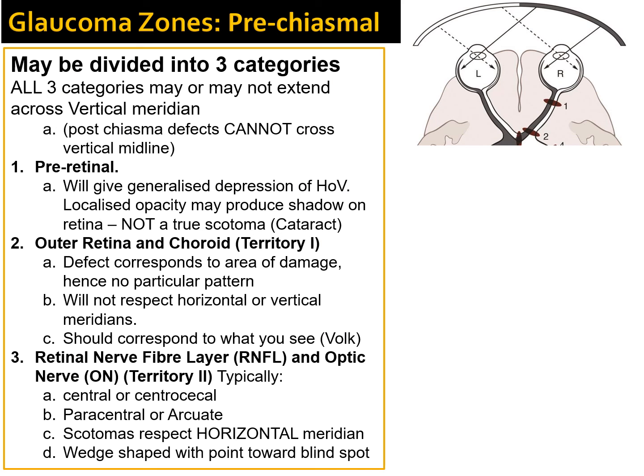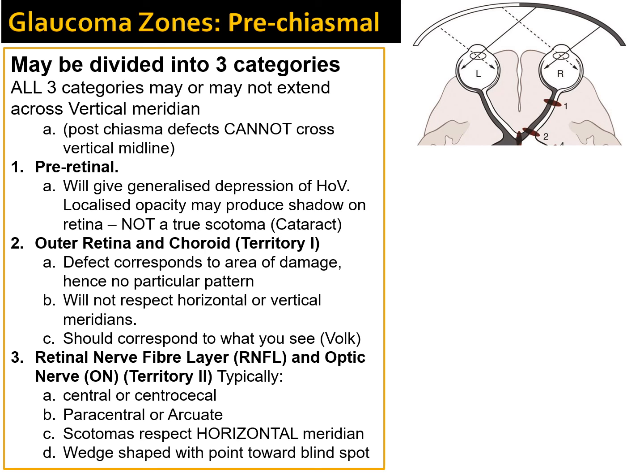So considering the optical pathway, we're considering 3 zones when we're considering glaucoma. They're all pre-chiasmal. So we're looking at pre-retinal, and this confounds us every day, things like cataracts and so on. These are not true scotomas, of course, but they mask other things, so the pre-retinal zone is very important.